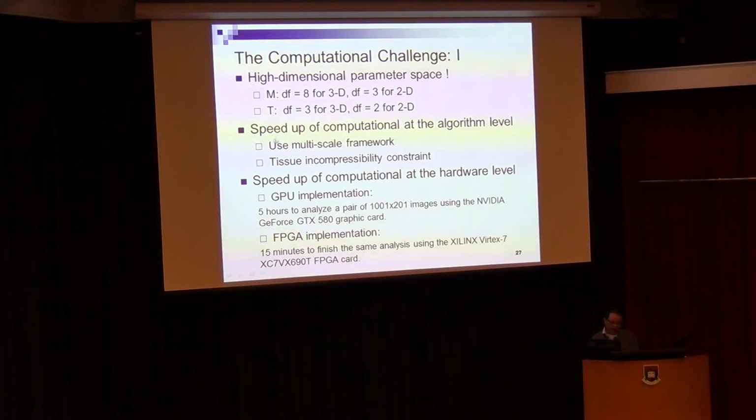We even tried the multi-scale framework. We put in this tissue incompressibility constraint here, but the computational time is about 5 hours on a GPU. Another student tried an FPGA implementation, and we managed to bring this 5 hours down to 15 minutes. But this is only for the 2-dimensional case.